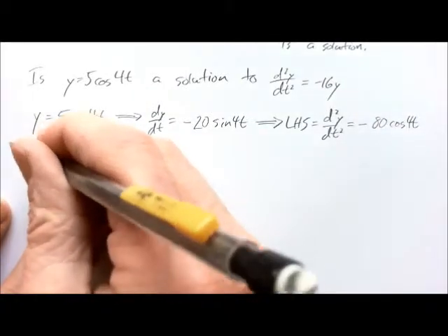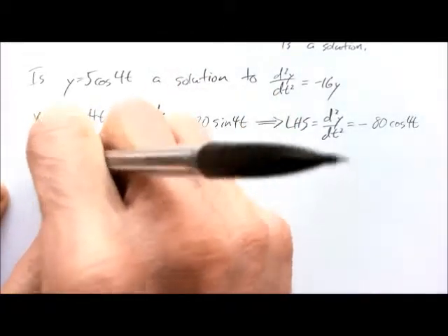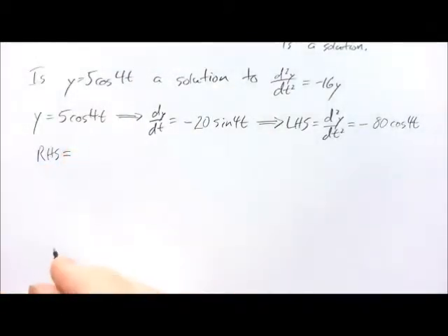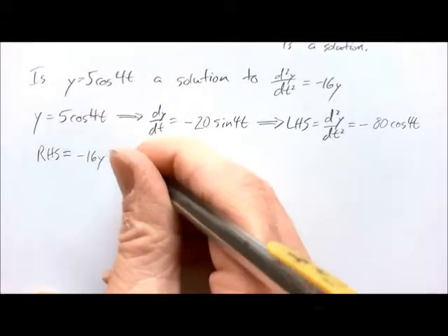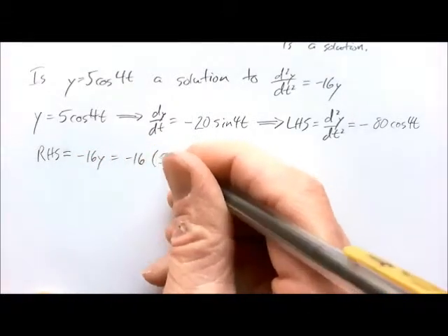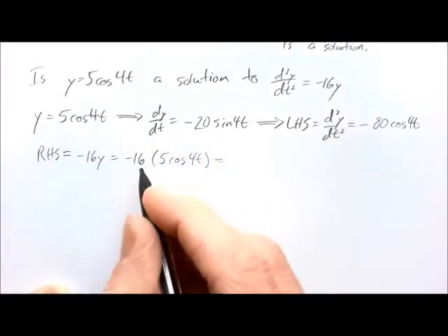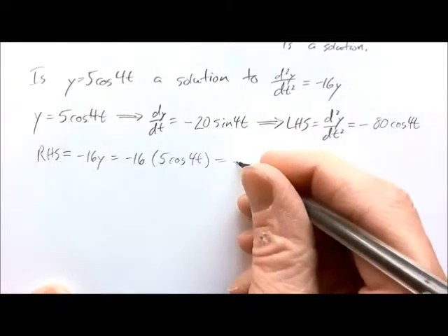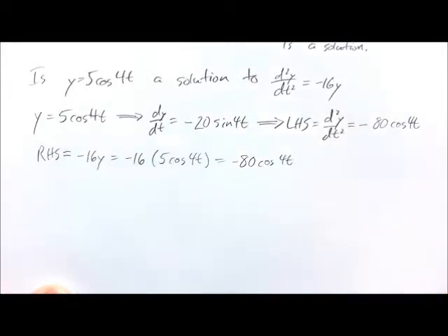The right-hand side equals negative 16 times y, which is negative 16 times 5 cosine 4t. And let's see, 10 times 5 is 50, 6 times 5 is 30, so 5 times 16 is 80. So that's negative 80 cosine of 4t.